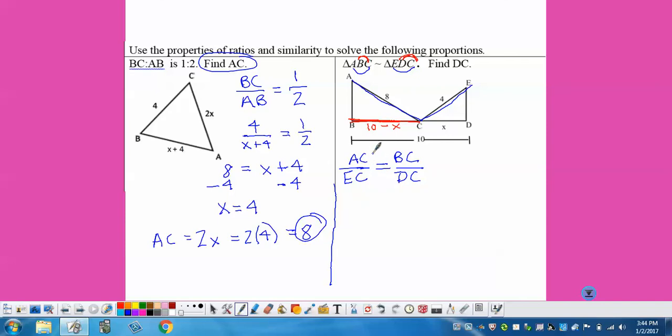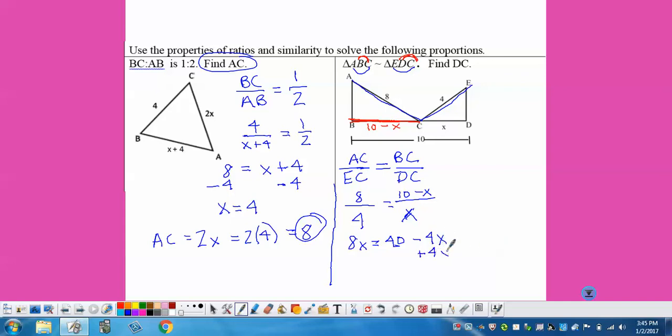So let's fill in what we know. AC is 8. EC is 4. BC is 10 minus x. And DC is x. So once I cross multiply, I'll have 8x equals, don't forget to distribute, 40 minus 4x.